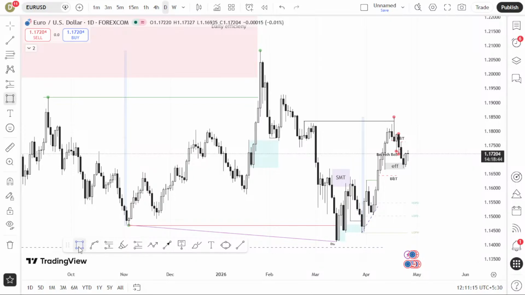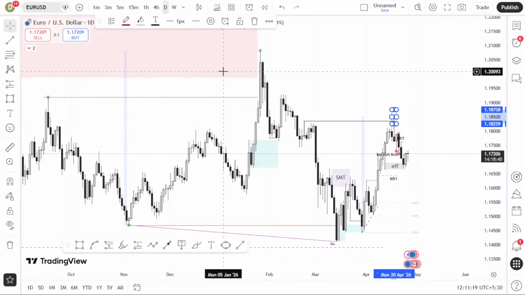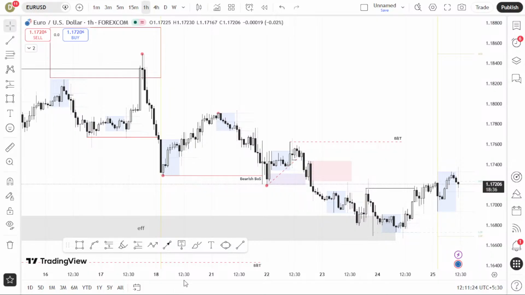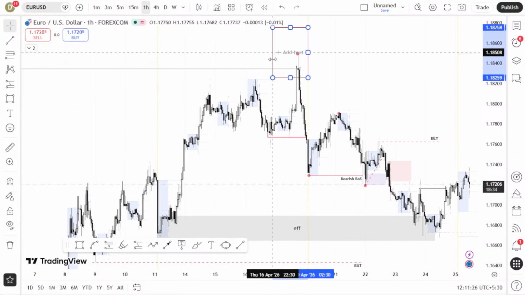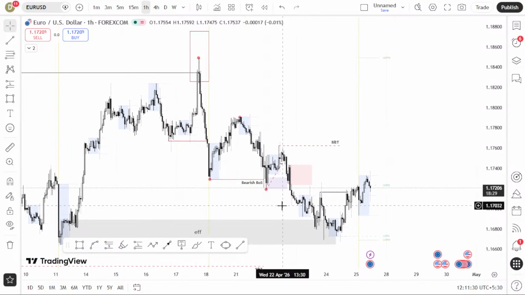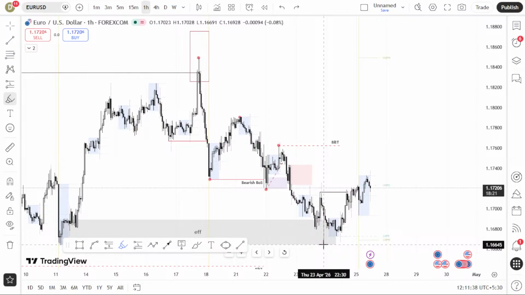Seeing that after this inducement, we have got two bearish legs to the downside. One leg, two leg, three leg as well, to be honest. We could consider this three legs, or this as the third leg.